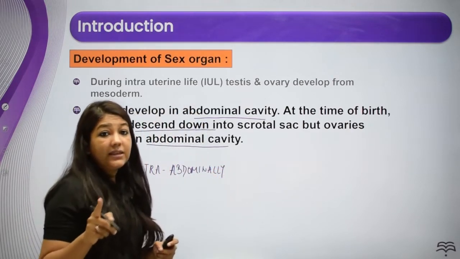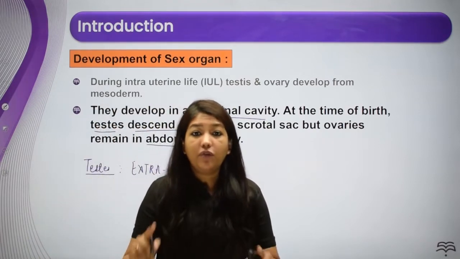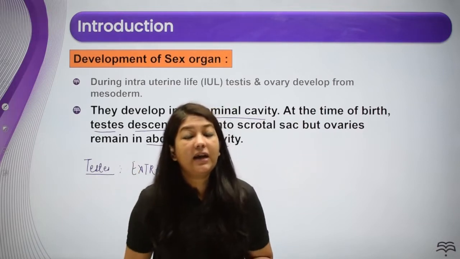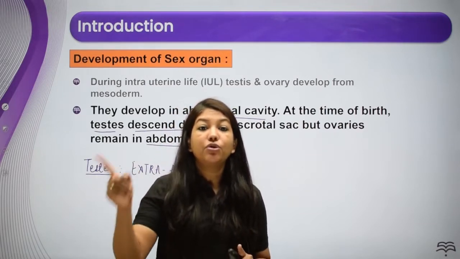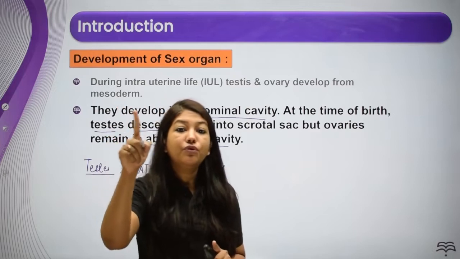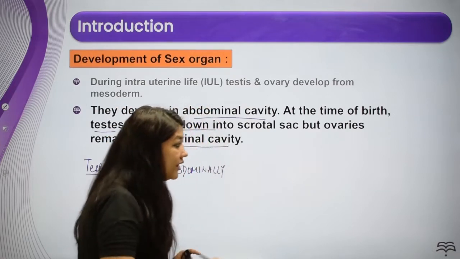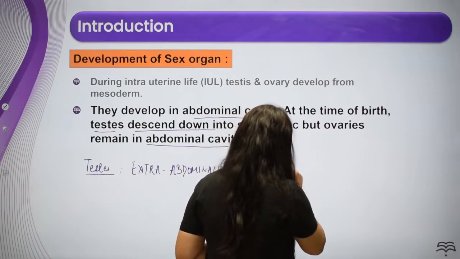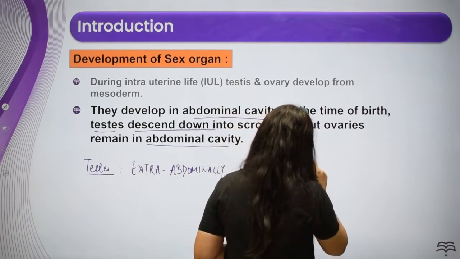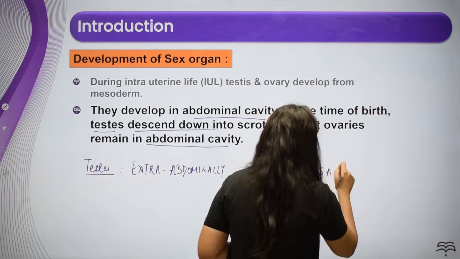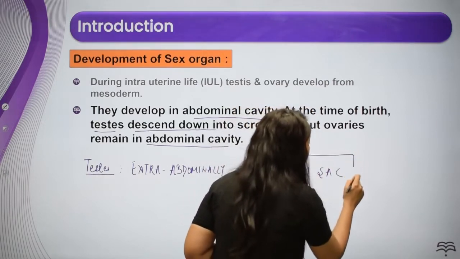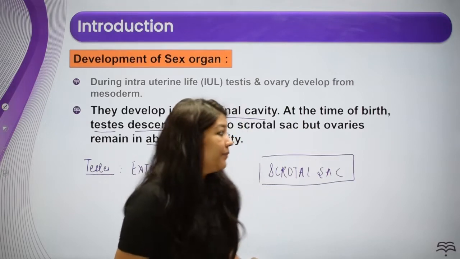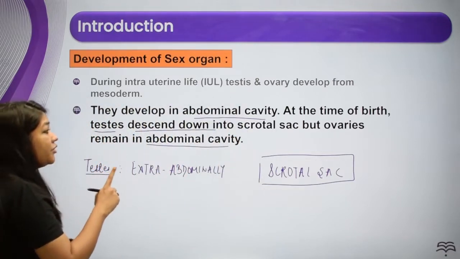The testes descend down. देखो development start हुआ है abdominal cavity में, but at the time of birth the testes are going to descend down, they are going to move out of the abdominal cavity in a sac-like structure which is called the scrotal sac. What are we calling it? Scrotal sac. सब चीजों के we are going to see the diagrams. You are going to understand this very nicely.